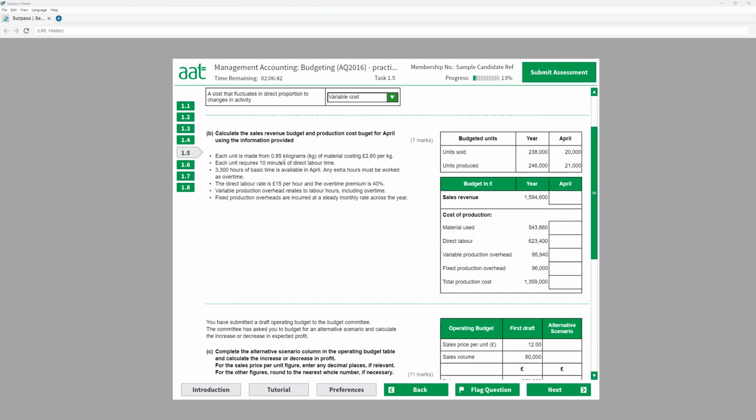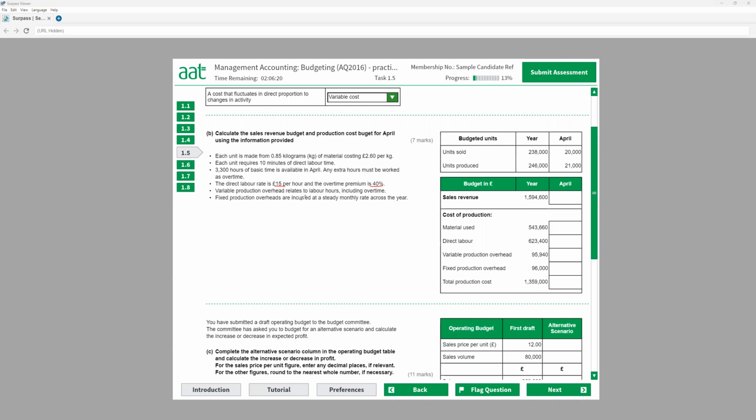Each unit requires 10 minutes of direct labor time, with 3,300 hours of basic time. Any extra time must be worked as overtime. Overtime premium is 40% of the basic rate. The basic rate is 15 and the overtime premium is 40% extra, so 15 times 1.4 tells us the overtime rate.